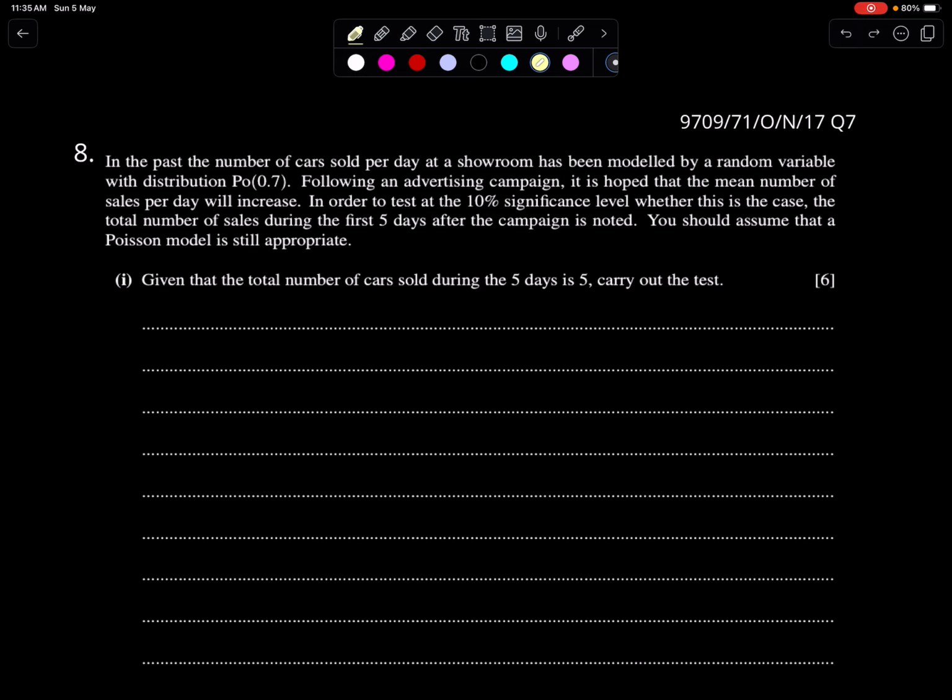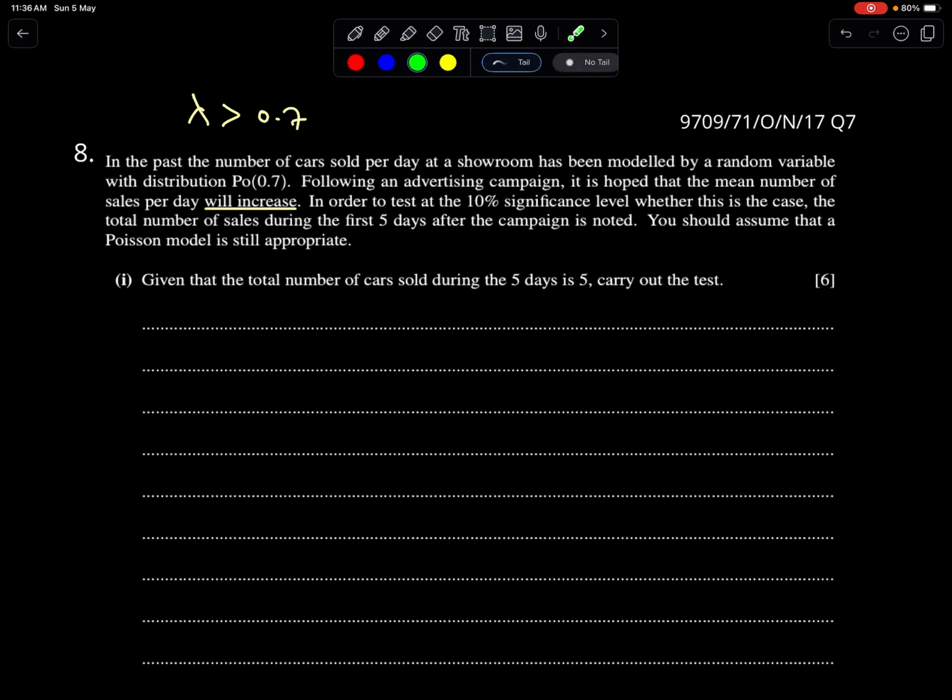In the past, the number of cars sold per day at a showroom has been modeled by Poisson with lambda 0.7. Following an advertising campaign, it is hoped that mean number of sales per day will increase, meaning lambda is greater than 0.7. So H1 has a greater sign.